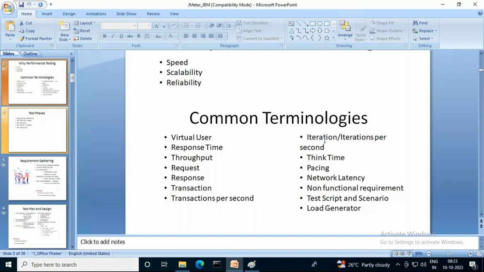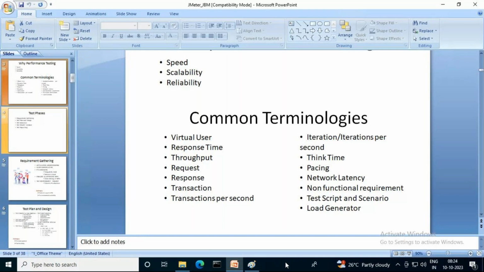What are the server side metrics and client side metrics, sir? So server side metrics are the metrics which you are capturing on the server side, like CPU utilization, memory utilization, disk utilization.